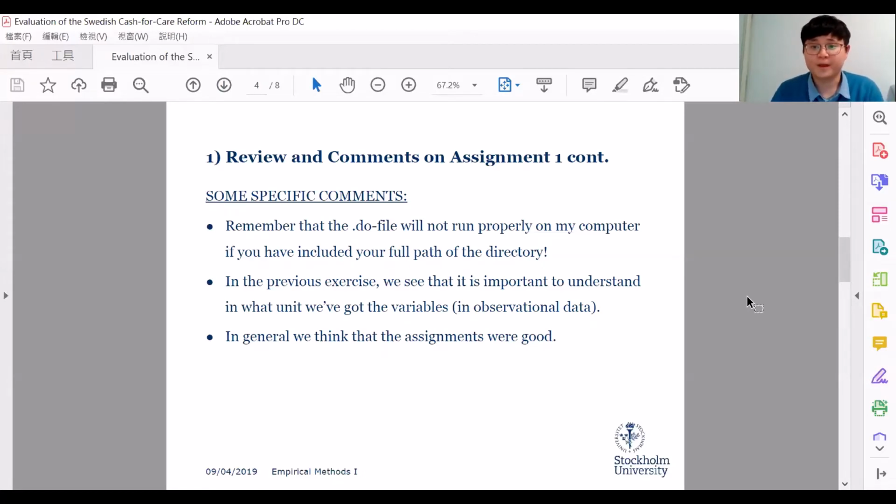And in assignment 1, I noticed generally there are two problems. The first problem is in the writing part, question C. Basically, the question is asking about the expected value under the conditional probability.